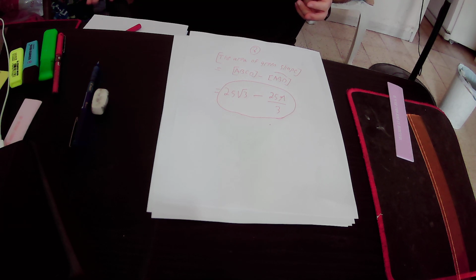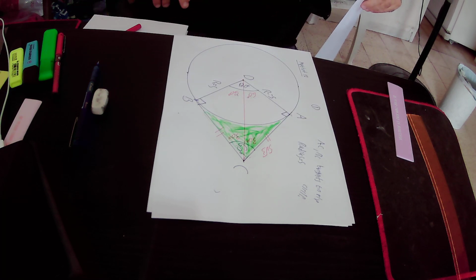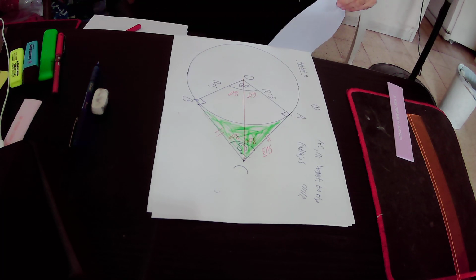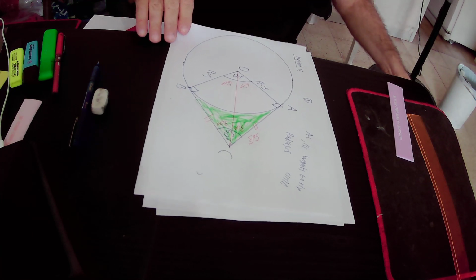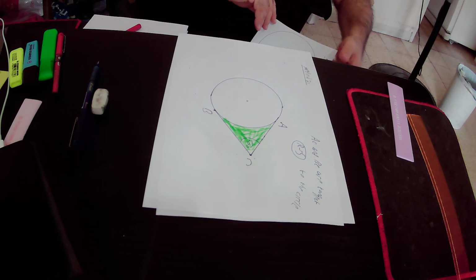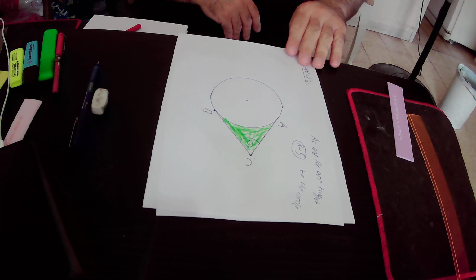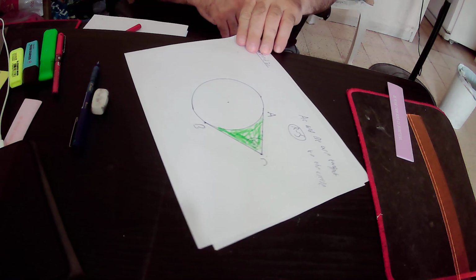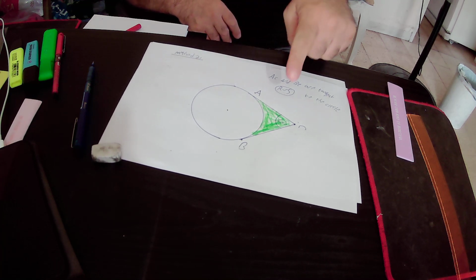Okay, so that was the second method to find the area of this green shape. In the next step I will present to you another method to find the area of the green shape.